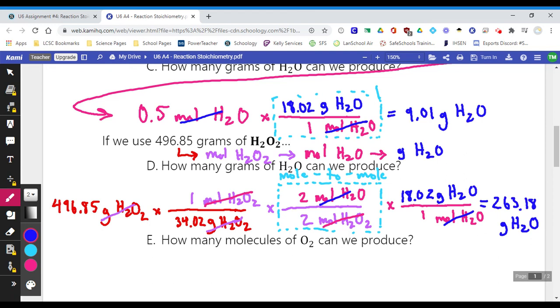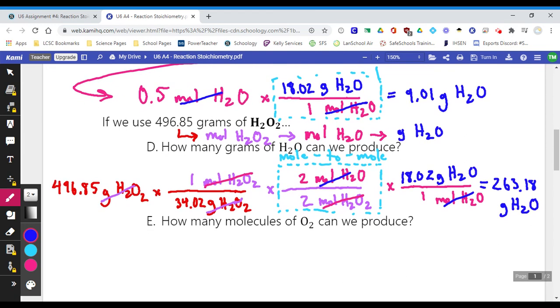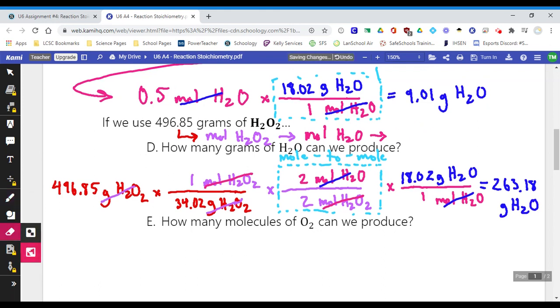All right, let's do another example. How many molecules of O2 can we produce? Okay, still using this 496.85 grams of H2O2. Well, similar kind of path, except now we're going to be going from grams of H2O2 to, I want to get particles of H2O at the end of this.